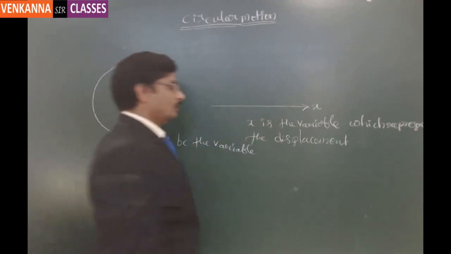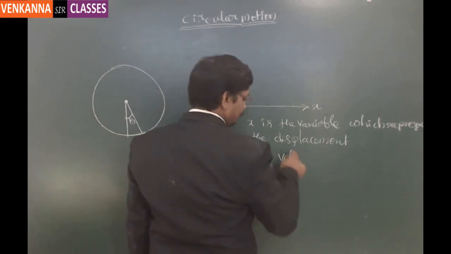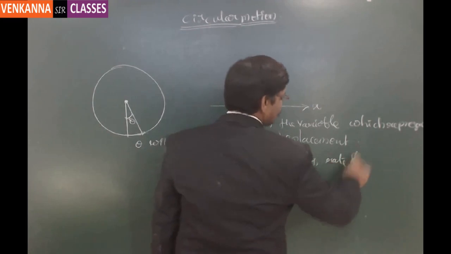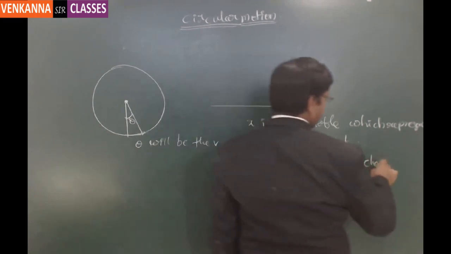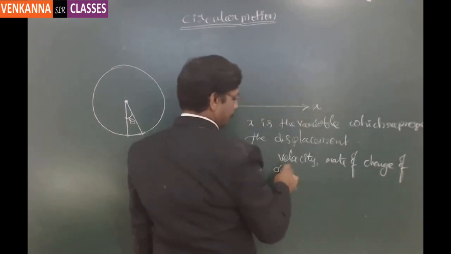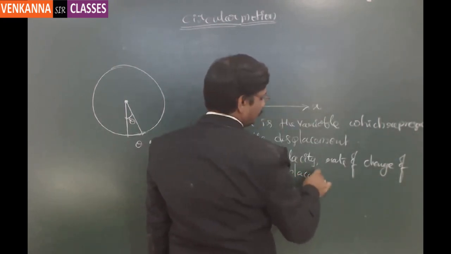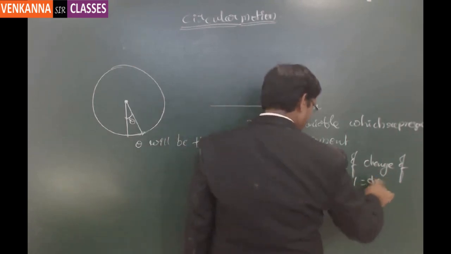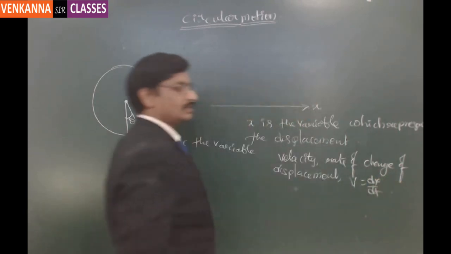Now we have defined velocity as the rate of change of displacement, that is v is equal to dx by dt. So this is the velocity.